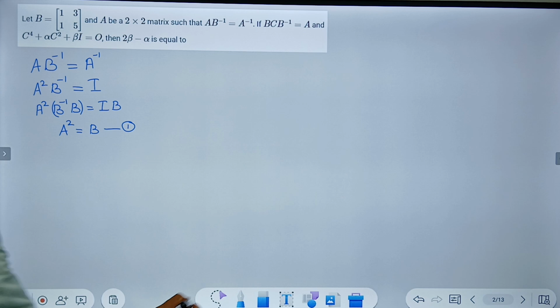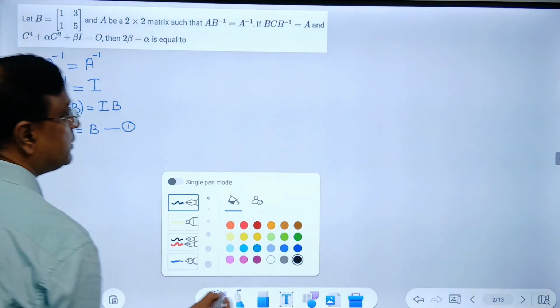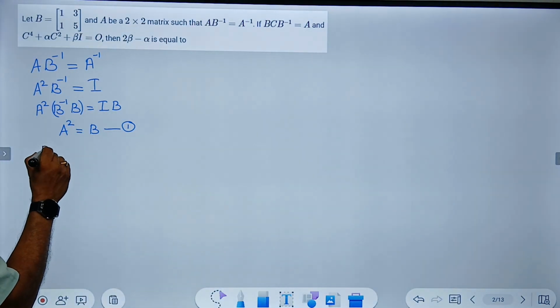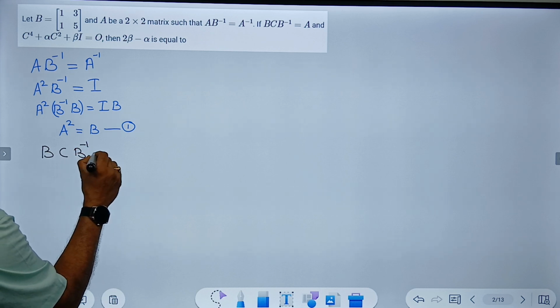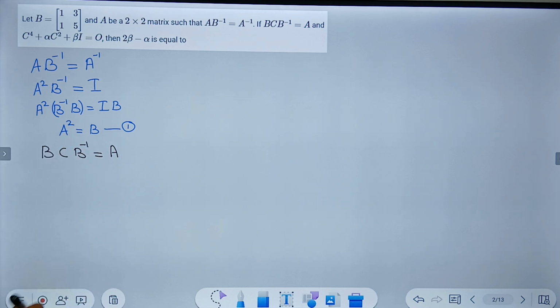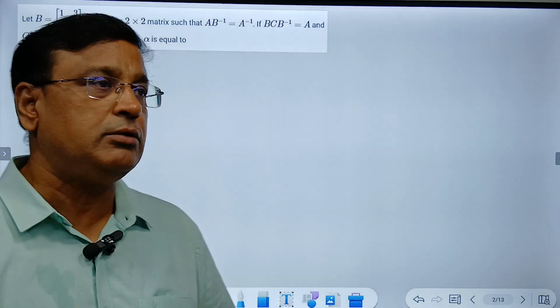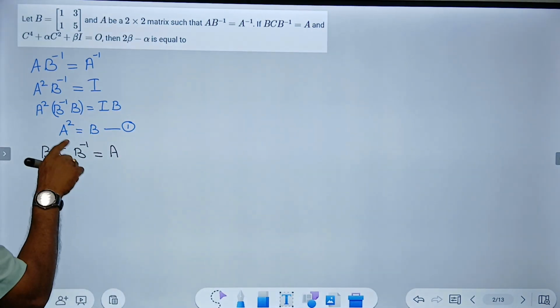Now I'll go to the second part that is given: B C B inverse is equal to A. From this I will try to find what C is.